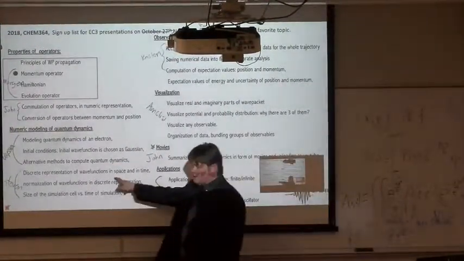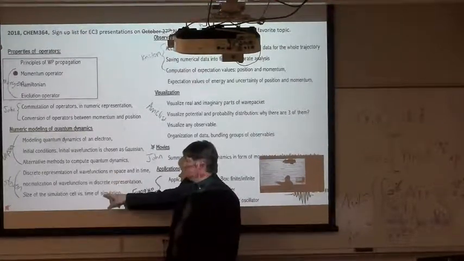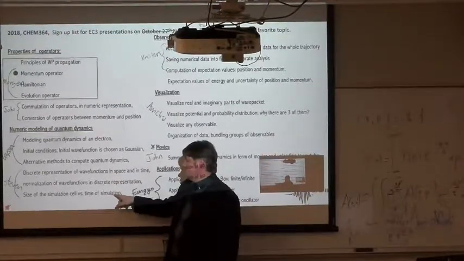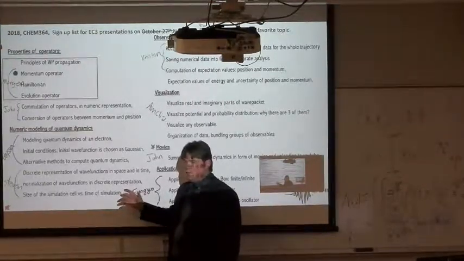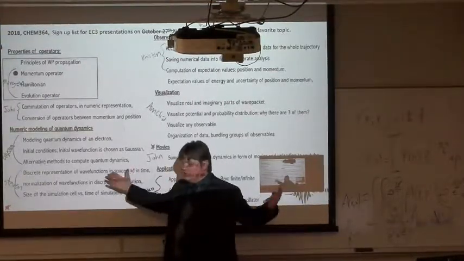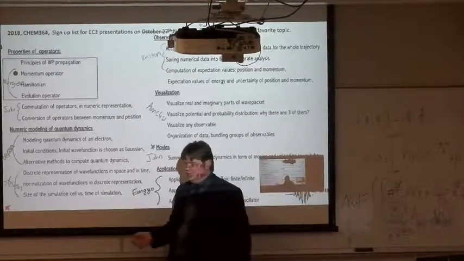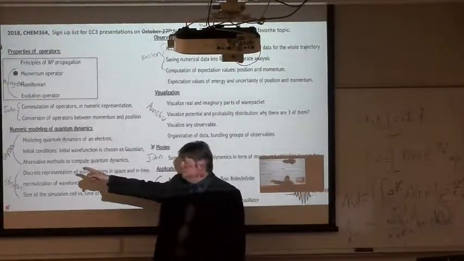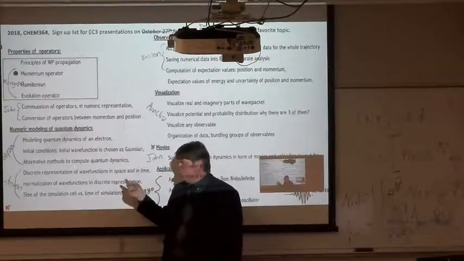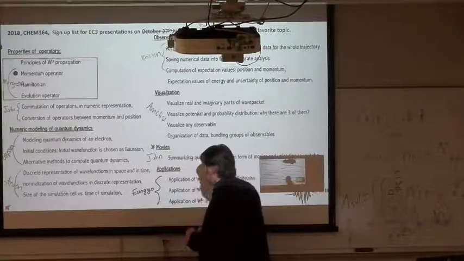So, done, right? Discrete representation, normalization, size of the simulation cell versus time of simulation. You can keep momentum and time of simulation and increase the number of points or increase the dx, and then this repetition, this coming back through the wall, will disappear. They just connect.